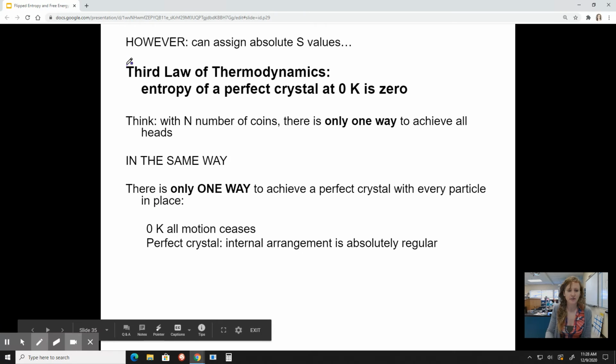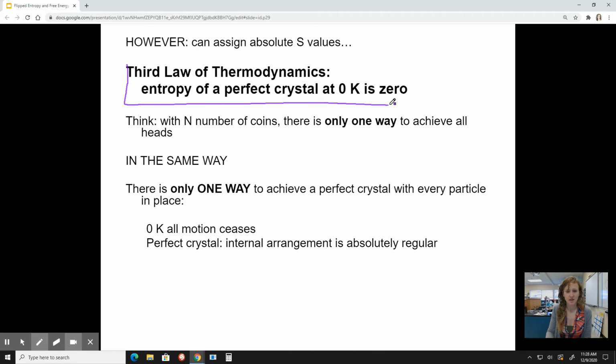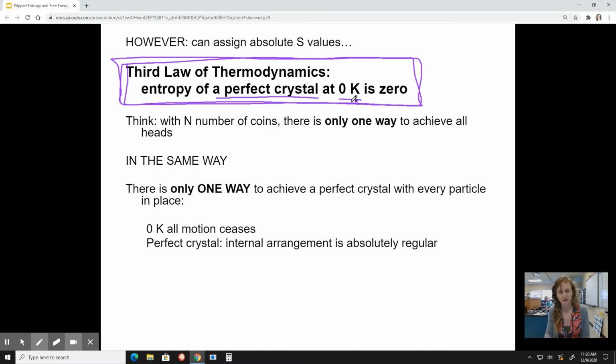However, you can assign absolute entropy values. And this is the third law of thermodynamics. The reason we can assign absolute entropy values is because entropy automatically has a reference built in. And that is a perfect crystal at 0 Kelvin. So the theory is that at 0 Kelvin, motion ceases.